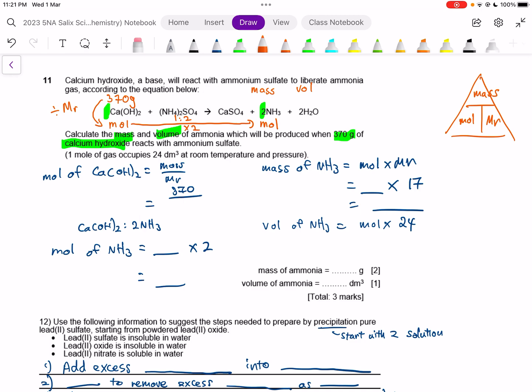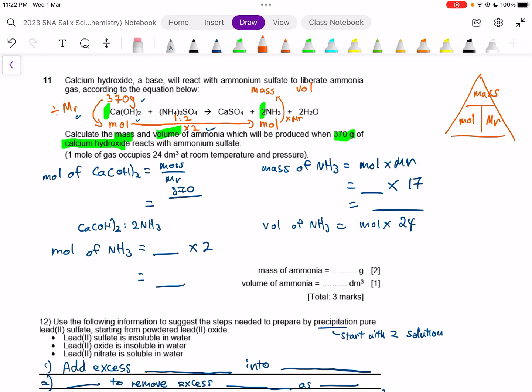So step number 1 is get 370 grams, then go to mole by dividing by MR. Step number 2, using the mole ratio 1:2, 1 unit to 2 units, you multiply by 2. Then subsequently from mole to mass, you multiply by MR.